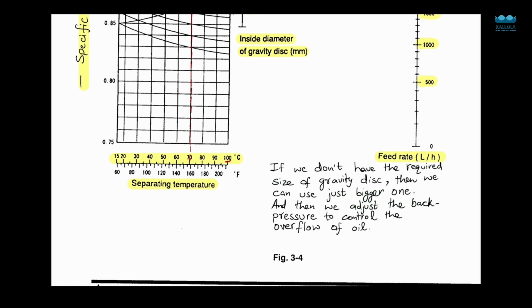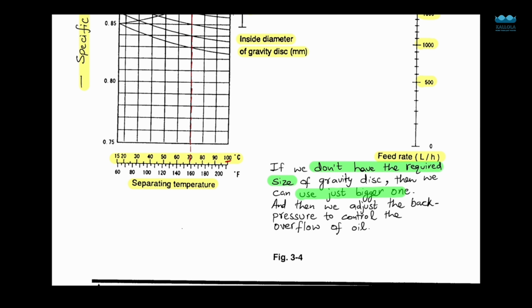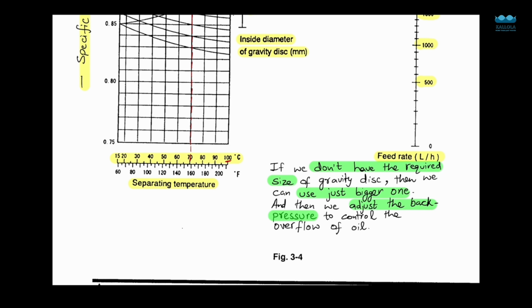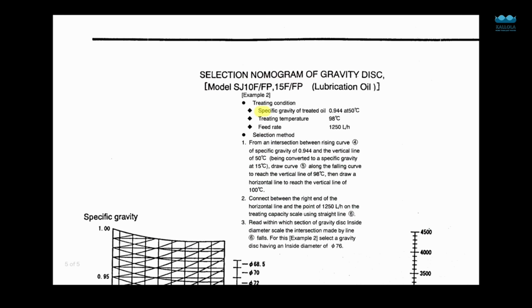Now let us suppose we don't have the required size of gravity disk, which is 80 millimeter inside diameter. In that case, we will have to use the next bigger one available on board. But by using that bigger one, the purifier might overflow. So to overcome that, we will just adjust the back pressure.